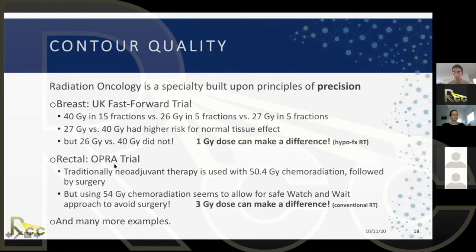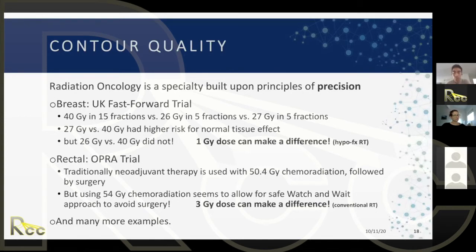In rectal cancer, there was the OPRA trial, which is looking at, can we do a watch and wait approach? So instead of always performing neoadjuvant treatment and then going to surgery, they found that by adding about 3 or 4 grays of dose, they're now able to safely watch and wait many, many patients.